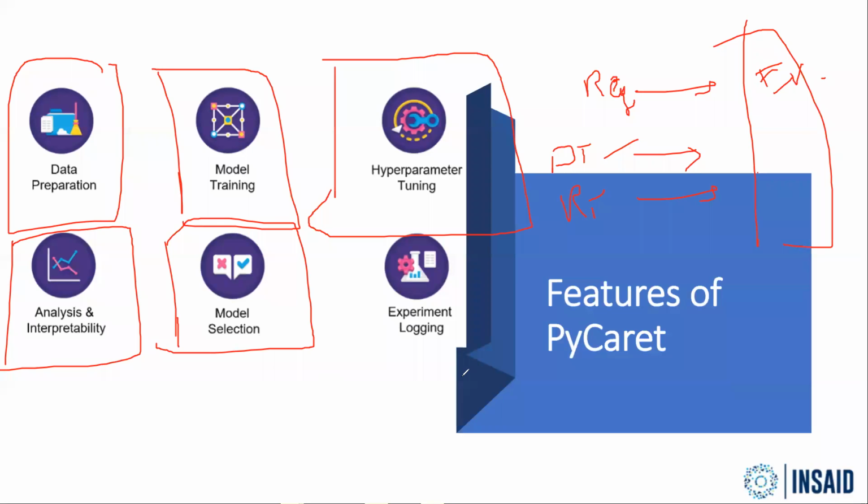But in PyCaret, you will pre-process your data, you will then create the model. Everything would be done only once. So there's one step for this, one step for this, a second step for this, and then you just run the model, train your model, and you will get a summary of all the models that are present in PyCaret, right?